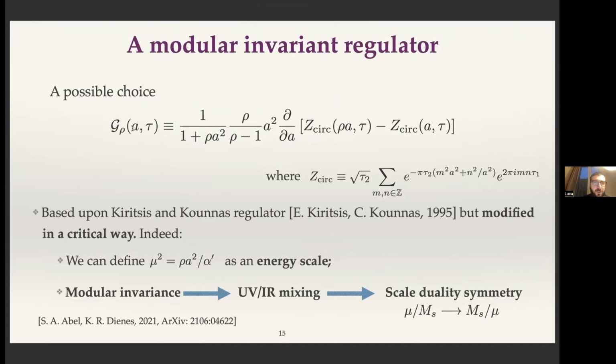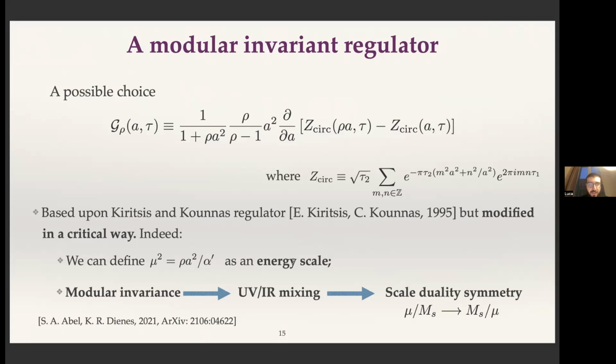And A can be related to an energy scale. This regulator is based upon a regulator used by Kiritsis and Kounnas in 1995, but it has been modified in a critical way.